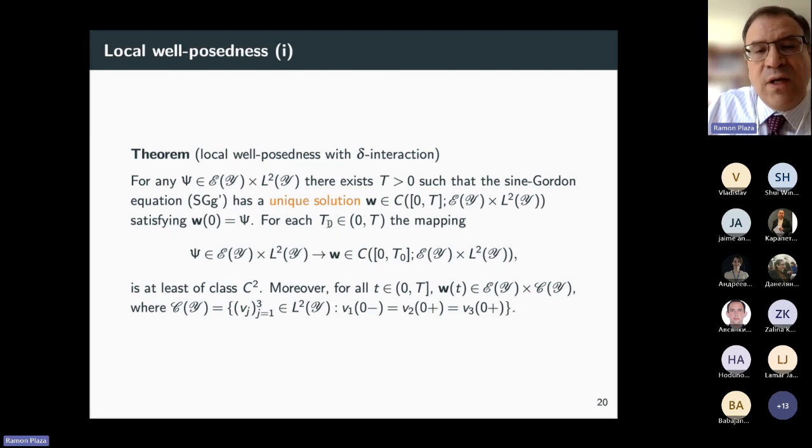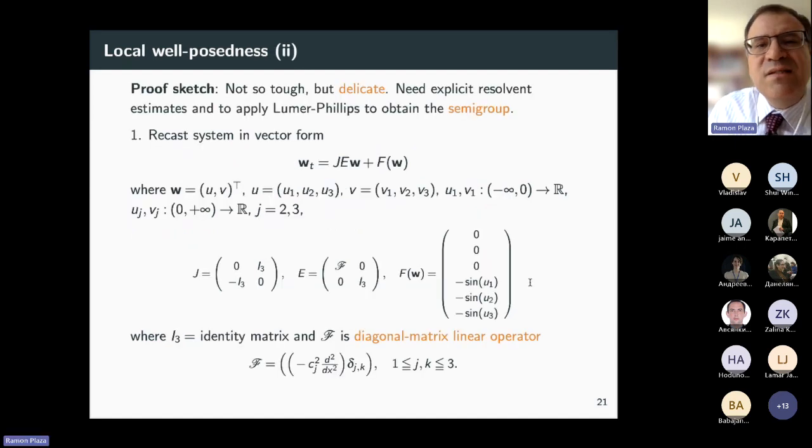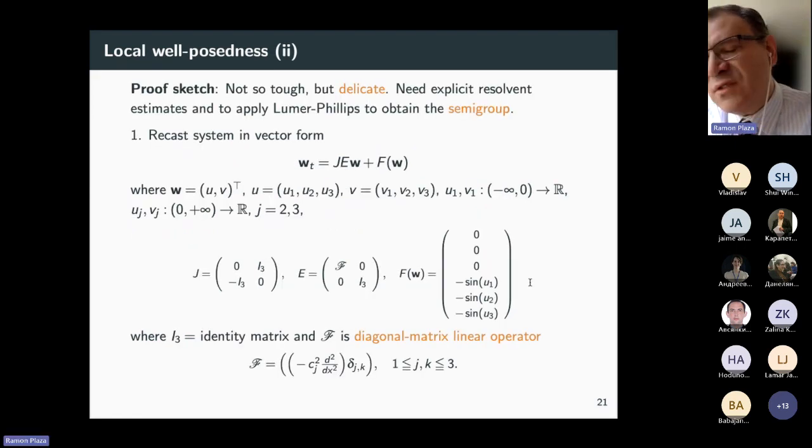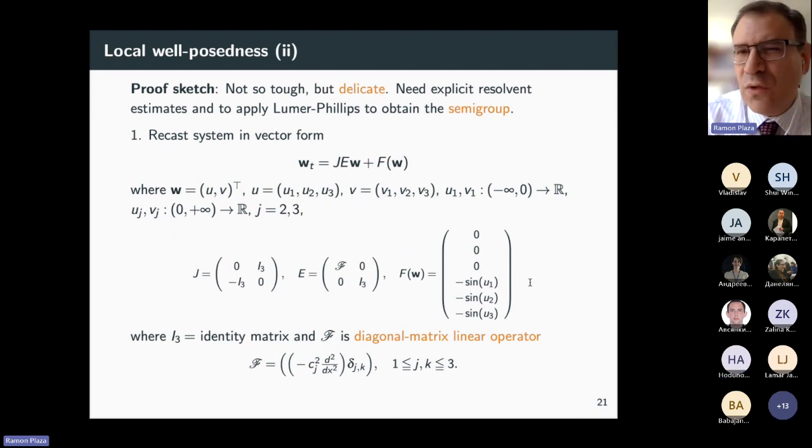And for each t0 between 0 and T, this map, which goes from the initial data to the solution, the data-solution map, is at least of class C2. So we have a strong solution to the sine-Gordon model. The proof of this is not tough; it follows standard arguments, but it's delicate, so we need to be very careful about certain details.